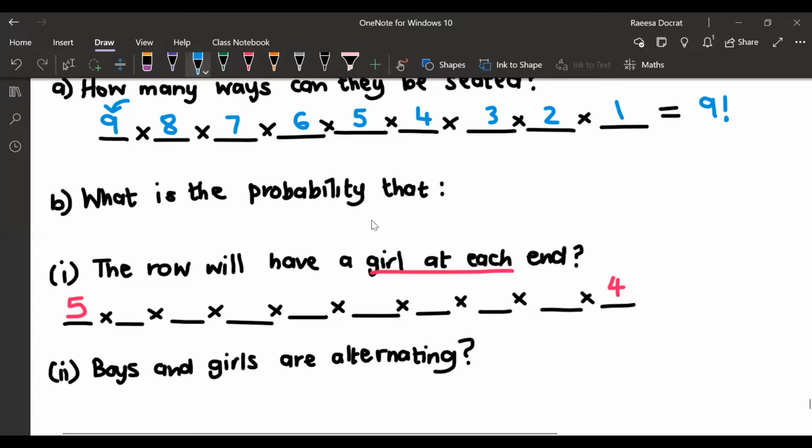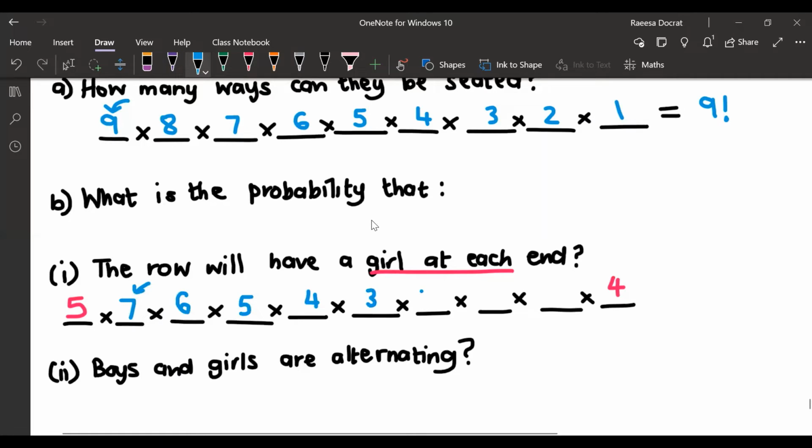So for the person who's second, we have 7 ways of placing them because there are 7 people left once we have placed the 2 girls at the end, and now it does not matter whether we place a girl or a boy. Then we've got times 6, times 5, because now each person is being placed and we have 1 less person.